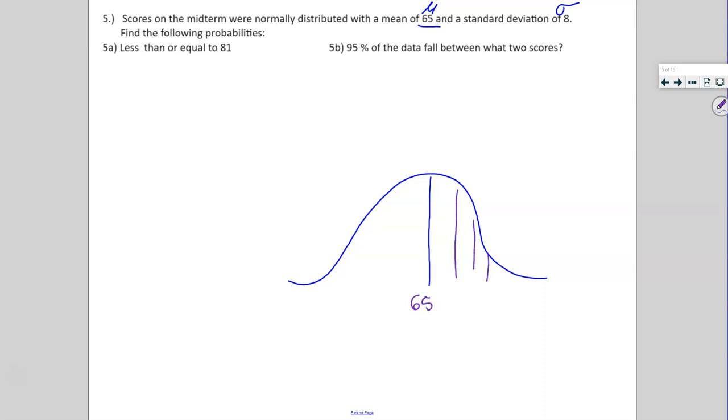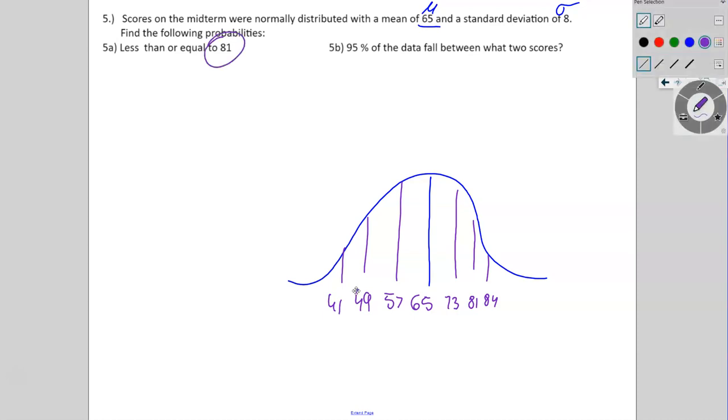I'm adding 8. So it's going to be 73, 81, and 89. I'm going to subtract 8. That's 57, 49, and 41. Alright, so 81. Do I have 81 here? Yes, I do. That is right here.